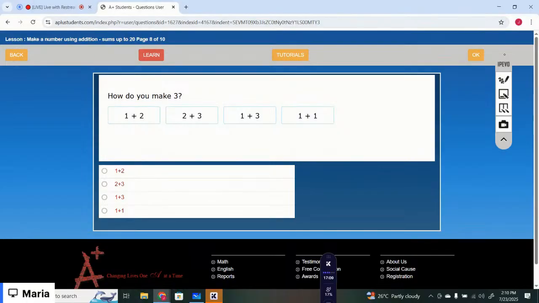How do you make 3, which is the correct option? That is 1 plus 2. Option number 1 is the correct option.